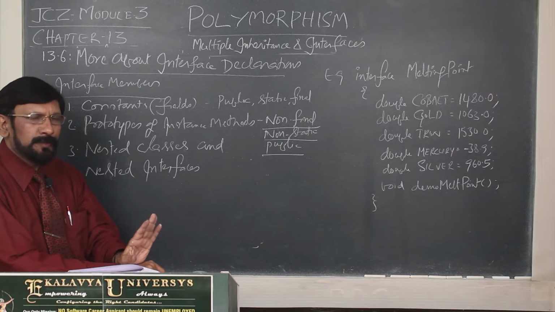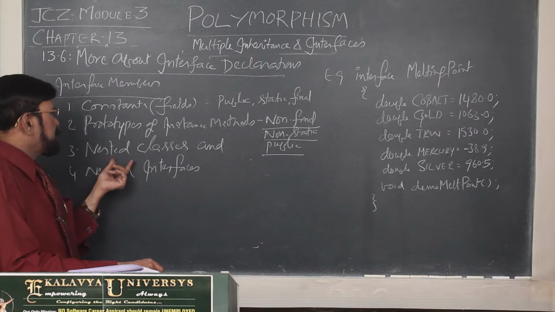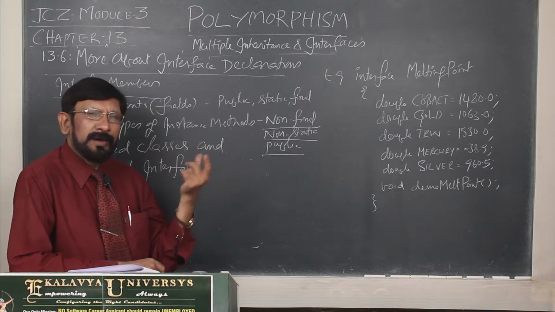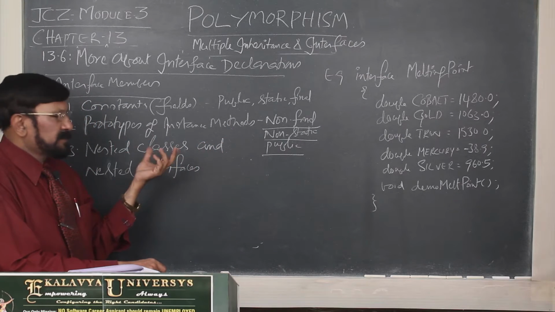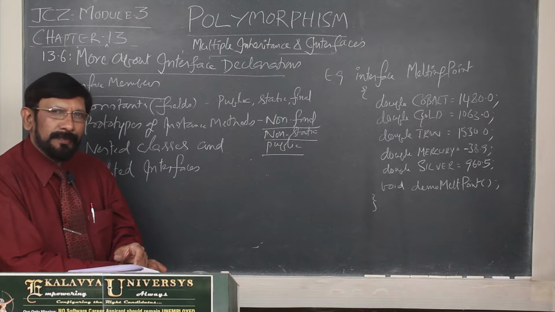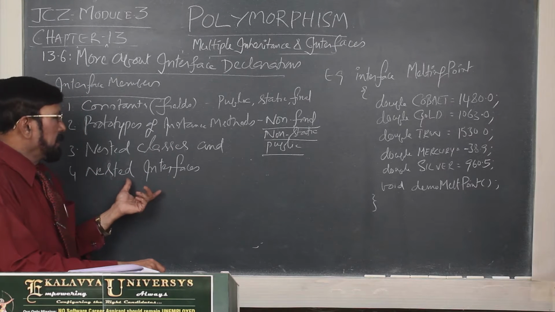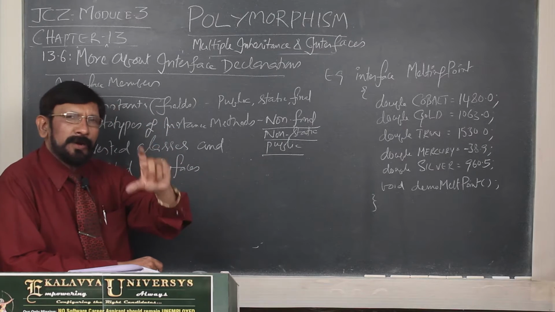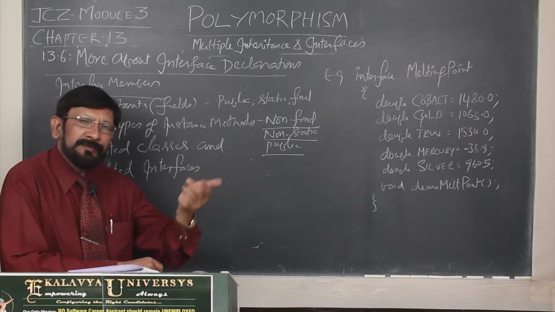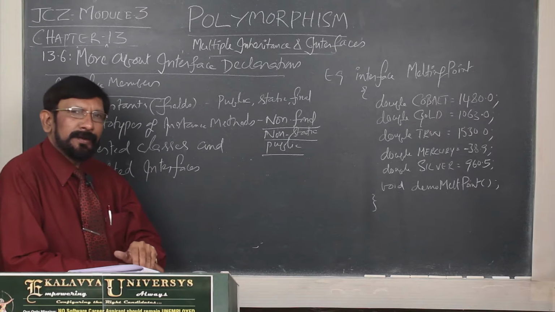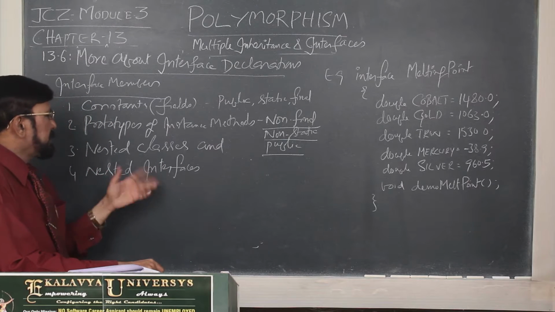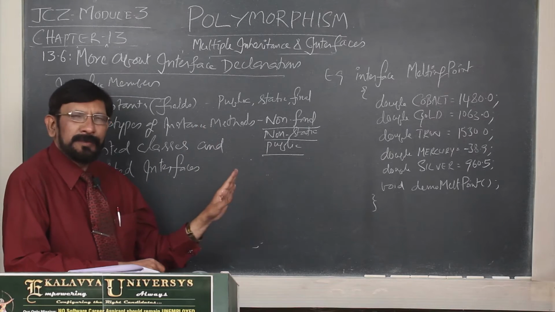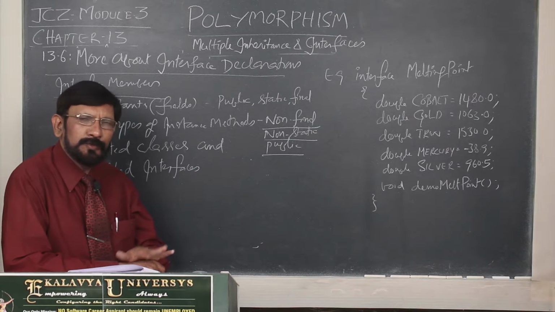No implementation should be provided. And next one, within the body of the interface, a nested class can be defined. And finally, within the body of an interface, another interface can be defined as a member, that is nested interface. These are the members, no other members are to be used.